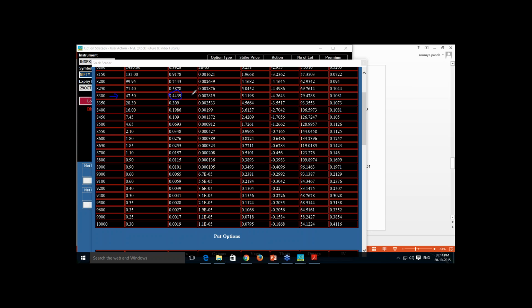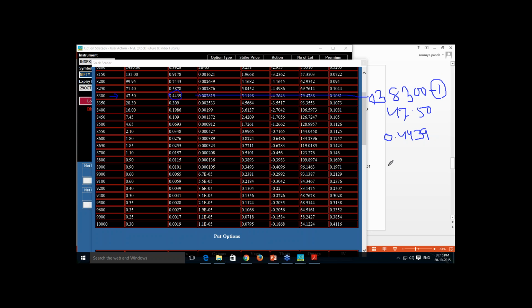So if I am buying one lot of the 8,300 call option at the price of 47 rupees 50 paisa, the net delta is 0.44, so a 44% risk is there. 44.39 is the net delta. I don't want to take this 44.